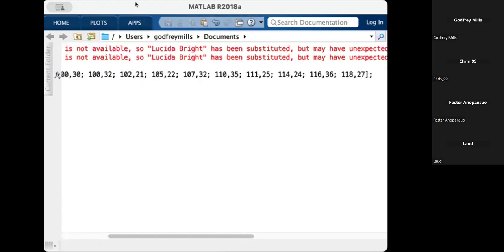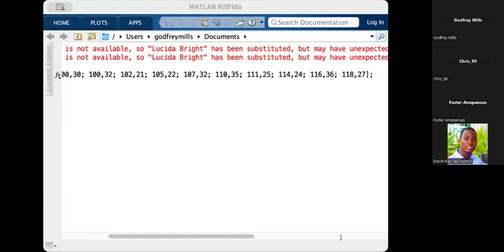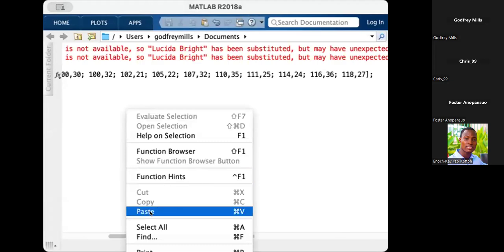Now, for each student I have to indicate the target that I want. So I now provide my target for each student.